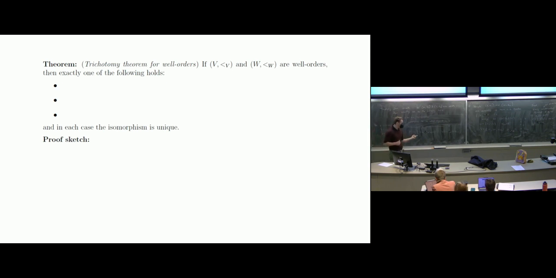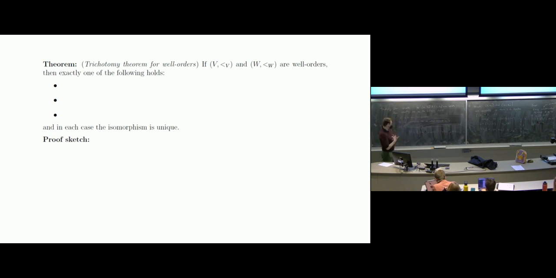So one can show this is a function, and it preserves the order, and its domain and range are subsets of W and V respectively. In fact, they're initial segments. And then the final thing to show is it isn't a proper initial segment of both, which is the pain in the butt. So either the domain of F is all of W, or its range is all of V, or potentially both.